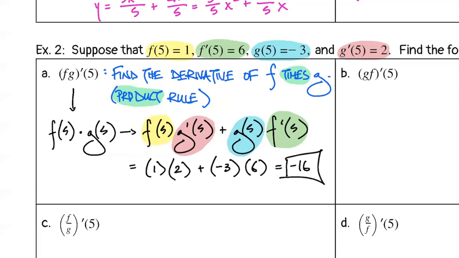So are there any questions here about how we found an answer for letter A?